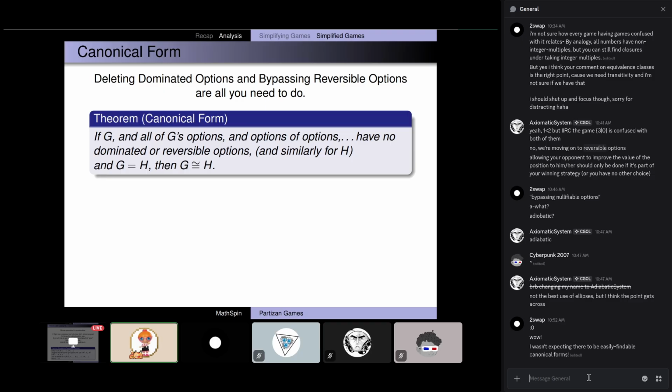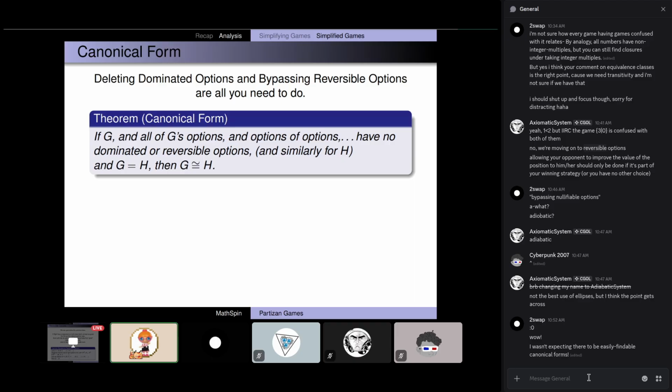Let's say you could move to any natural number, then each individual natural is dominated, but you can't delete them all because then you would delete all the options. And so there's no canonical thing, like which naturals do you delete? Your favorite bunch, but you have to keep infinitely many, so there's not a canonical form anymore.